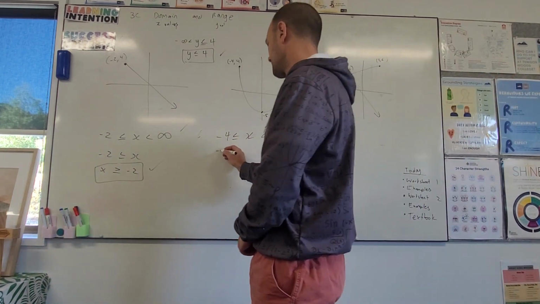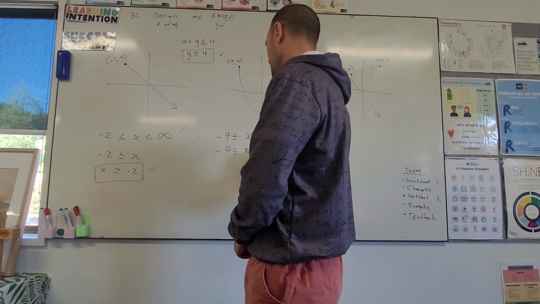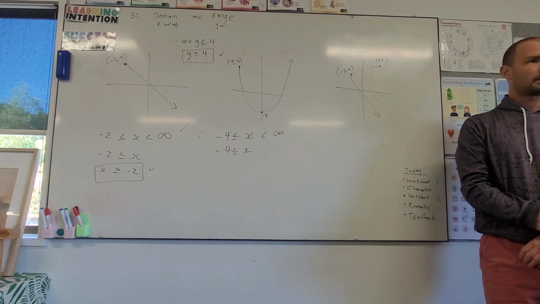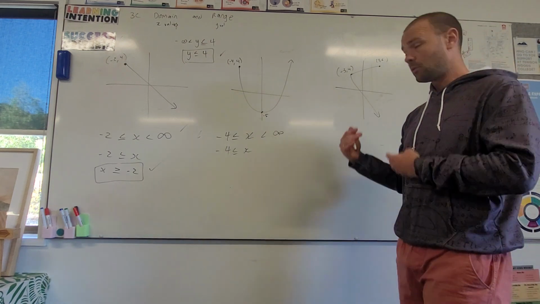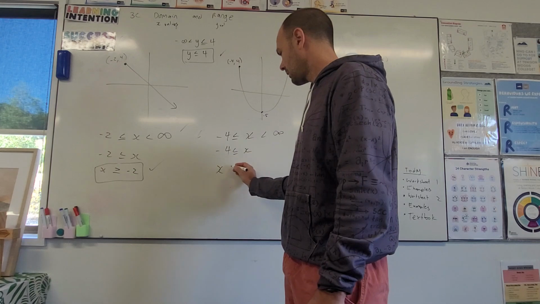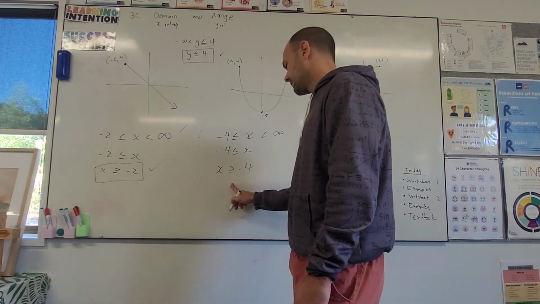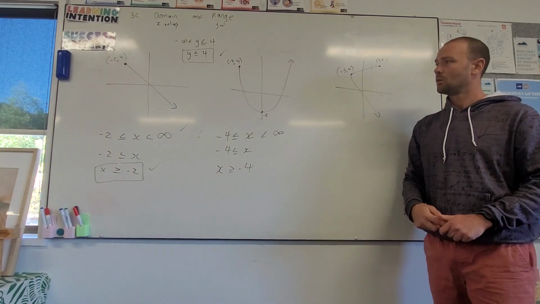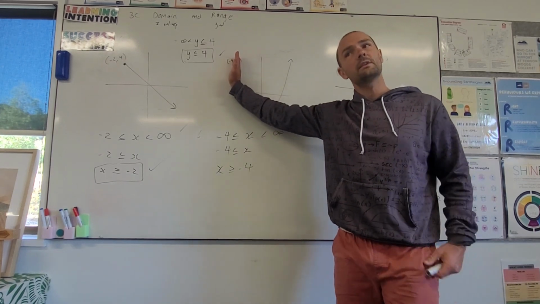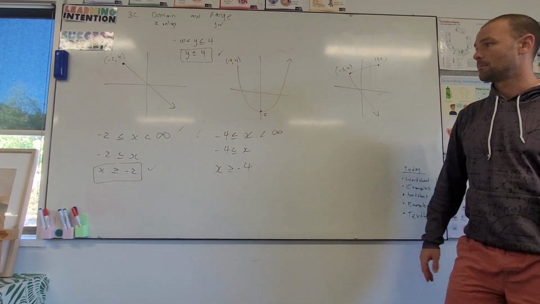So we'll have -4 is less than or equal to x. And then step 3 is to make sure the variable x is stated first. So we flip the inequality, x is larger than or equal to -4. We can see from looking at this graph, all x values are larger than or equal to -4.